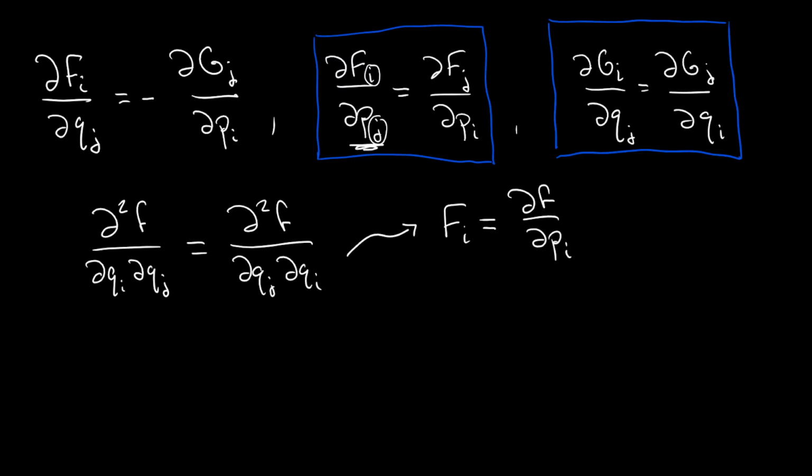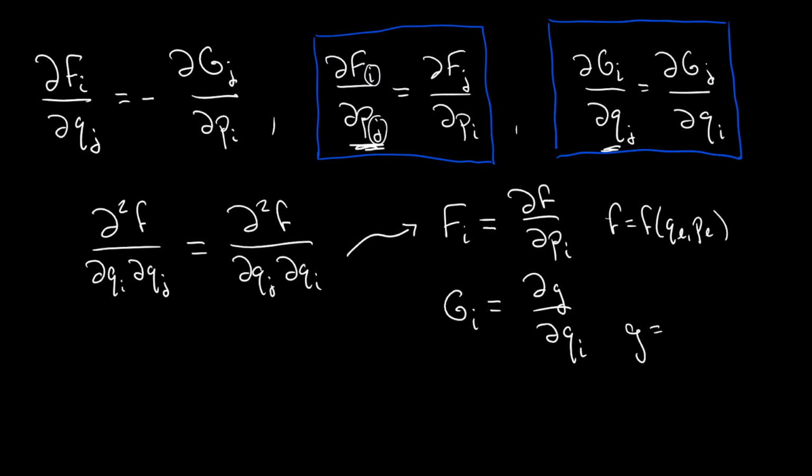Because this one involves a p derivative, this one involves a q derivative, and so I'll write g_i as ∂g/∂q_i, little g and little f, where now little f and little g are scalar functions. They're no longer these vector functions. And f is equal to f of q and p, of course, same way as before.